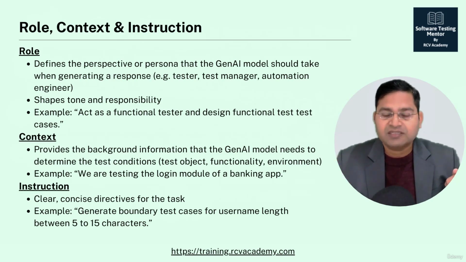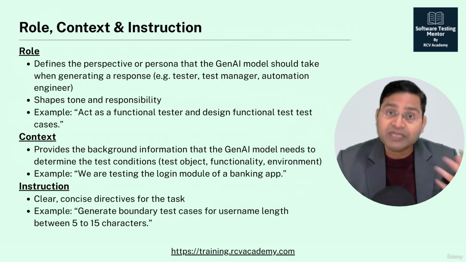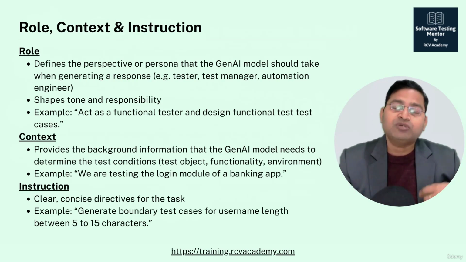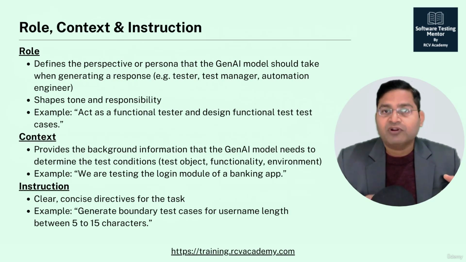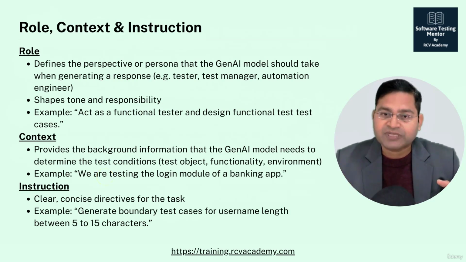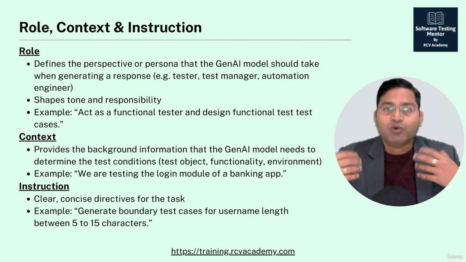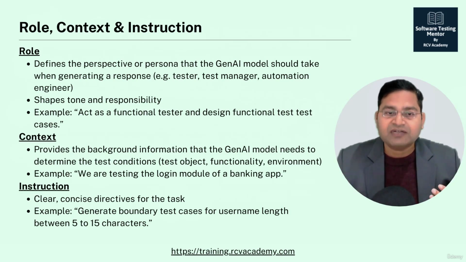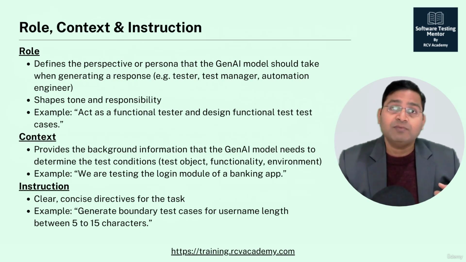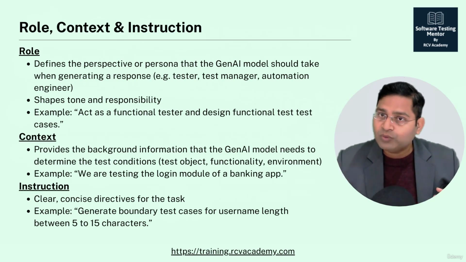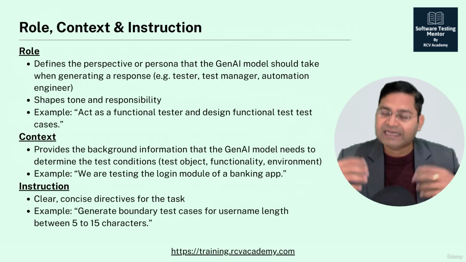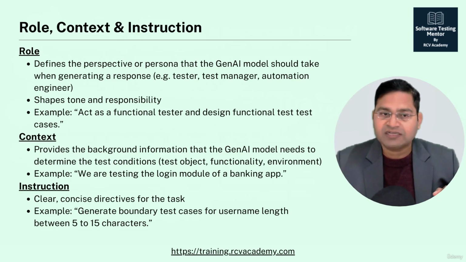When we say context, say for example, are you testing a mobile application for a banking app, or are you testing a banking website? Whether it's the banking mobile app or the banking website, that's providing the context, and based on that context, the Gen AI understands that you are prompting to create test cases for login functionality for the mobile app and not for the website. Otherwise, it will provide you generic test cases. That's the context on a high level.